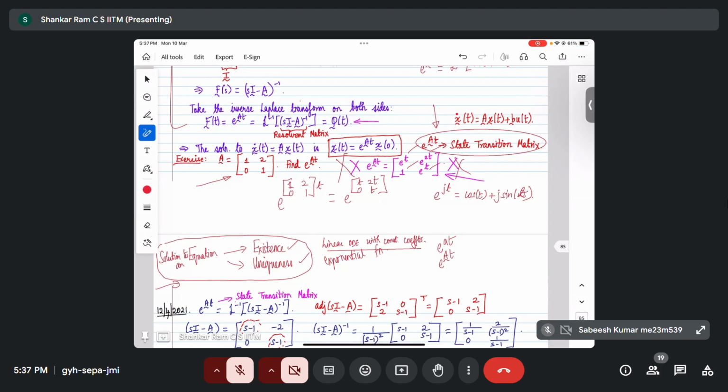Sir, one request. Can you recommend a simple mathematical book which we can refer to? Sure. There is a book on linear systems by Ogata.